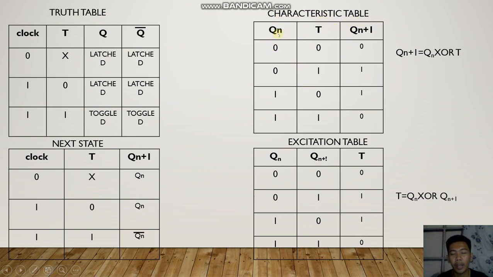So we have here our characteristic table, with Qn, our T, and our Qn plus 1. If our Qn is equal to 0 and our T or toggle is equal to 0, our Qn plus 1 is equal to 0. If our Qn is 0 and our T is 1, our Qn plus 1 is equal to 1. If our Qn is 1 and our T is 0, Qn plus 1 is equal to 1.